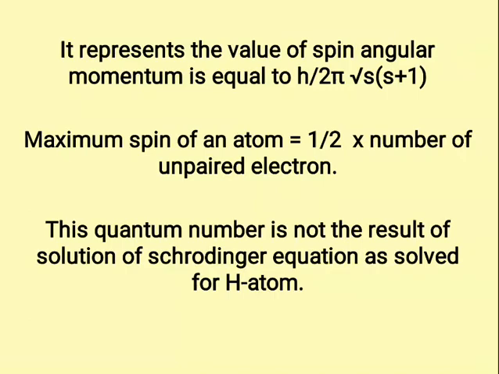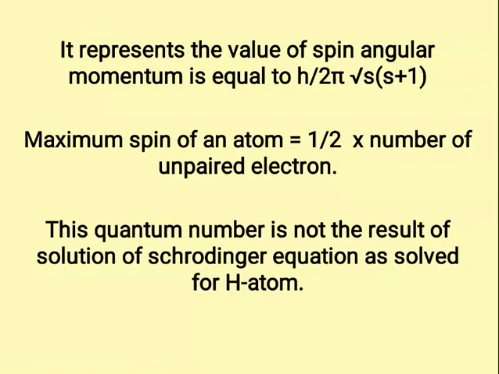So the value of s can be used to find the spin angular momentum, using the formula h upon 2 pi root s(s plus 1). This is how we can calculate spin angular momentum.